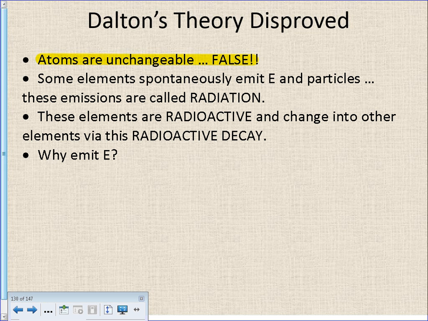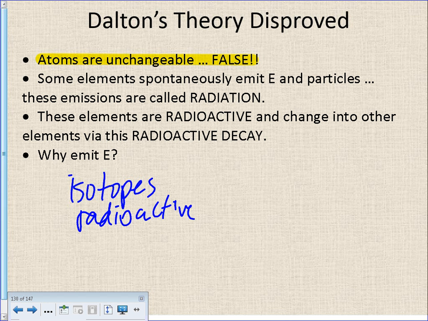But we just said that atoms, aka isotopes, are radioactive, which means that they will decay. If they are decaying, that means they're changing, mutating, transmutating, whatever word you want to say. So Dalton's theory was disproved with nuclear chemistry.